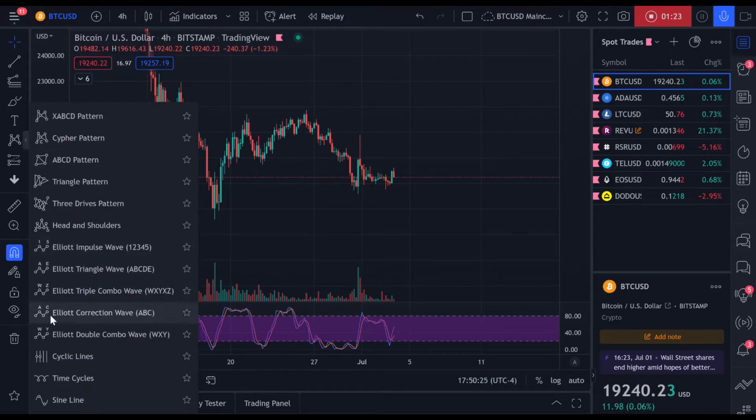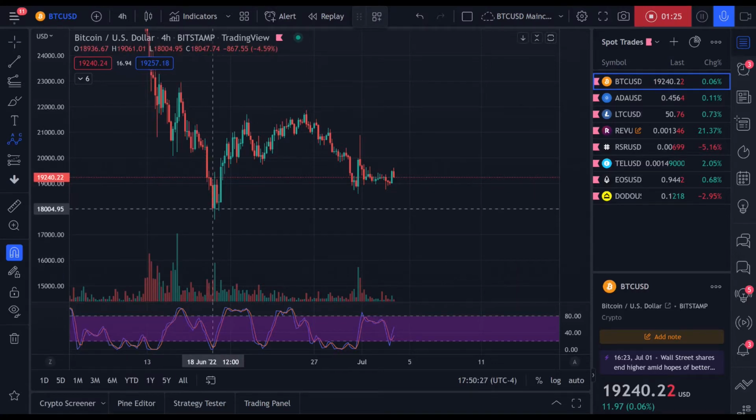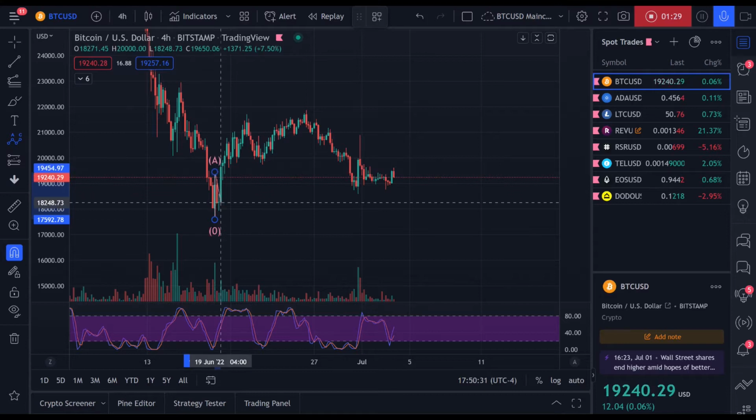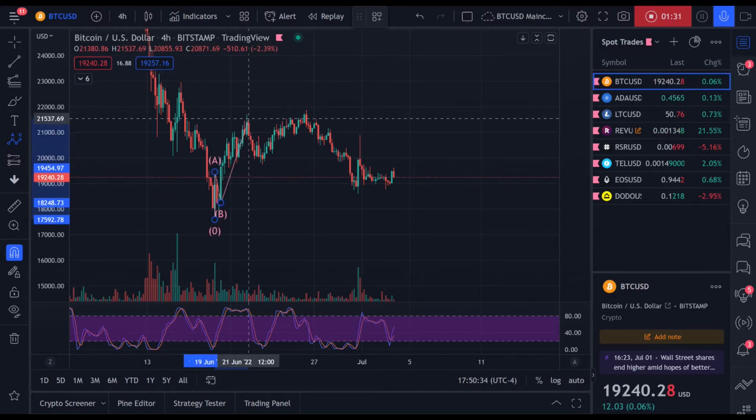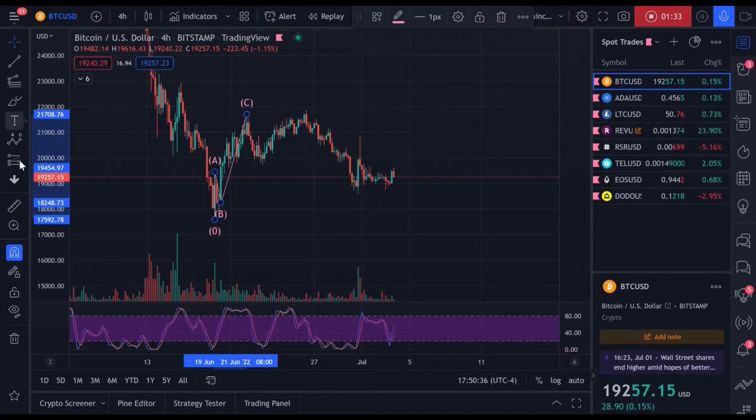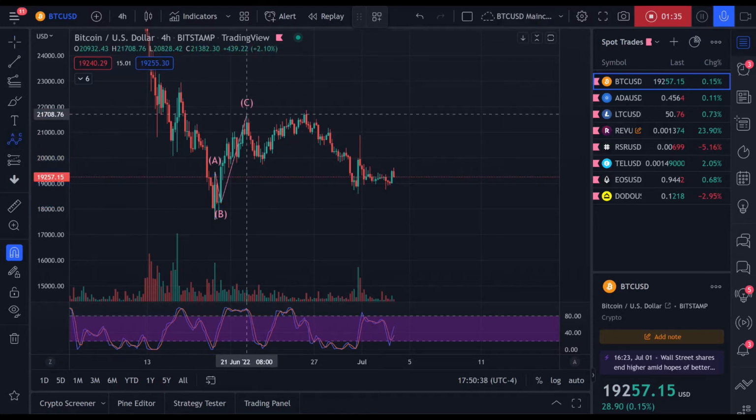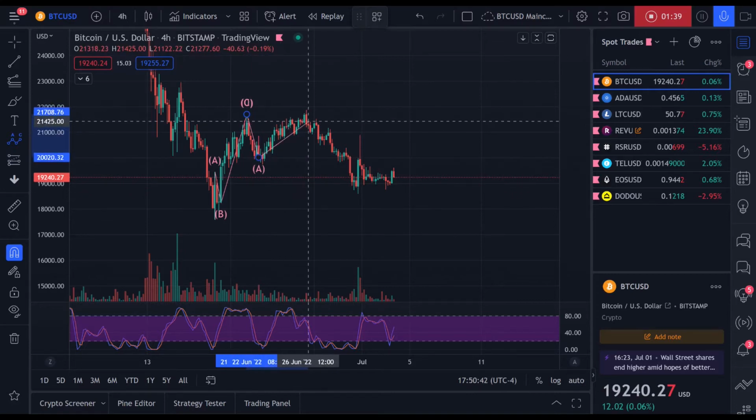So we have this A wave, which is our initial break of structure that we got on the 18th of June, okay? And then you have this subsequent B wave. Every initial break of structure, every A wave needs a B wave, okay? And you clearly have this B wave here.